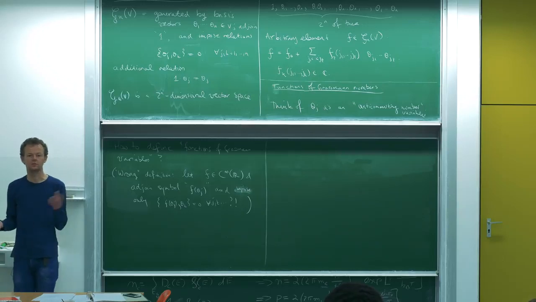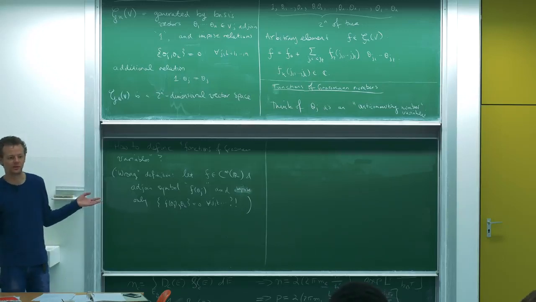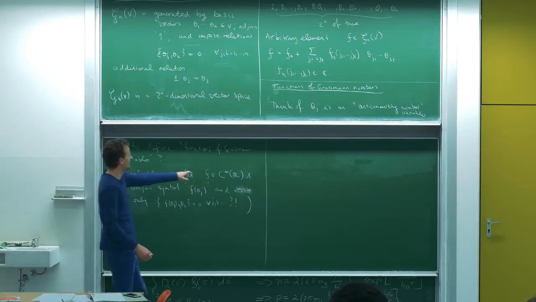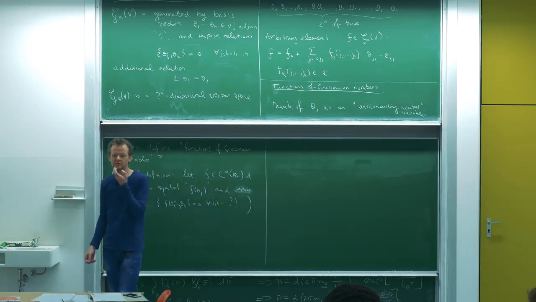So there you get a new anti-commuting object for every infinitely differentiable function of the real numbers.